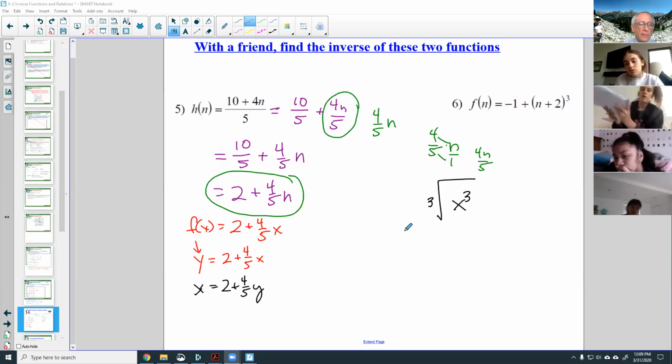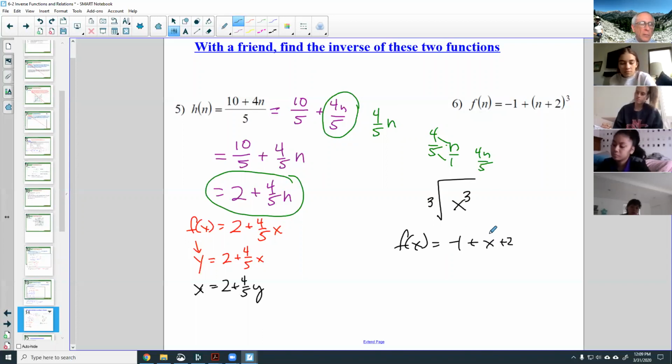Let me get a pencil here. I have f of x equals -1 plus x plus 2 cubed, and you made this a y. Then you switch the x's and y's.